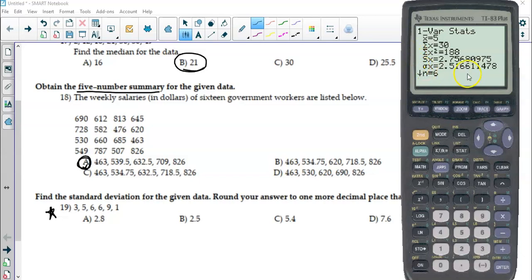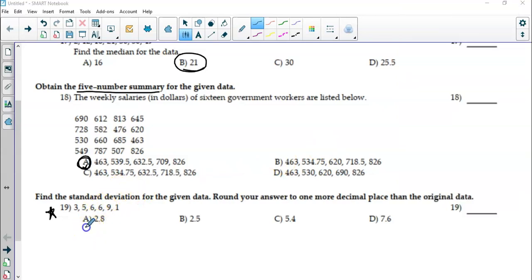There is a slight difference, which is why they're close, but as you can see, they are not the same, and they never will be unless it's a 0. You always want the Sx. Sx is the standard deviation. So that's 2.8, not the 2.5. That's a big one to remember. Sx is the one that you want for standard deviation.